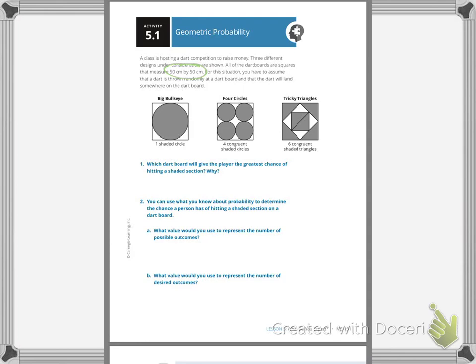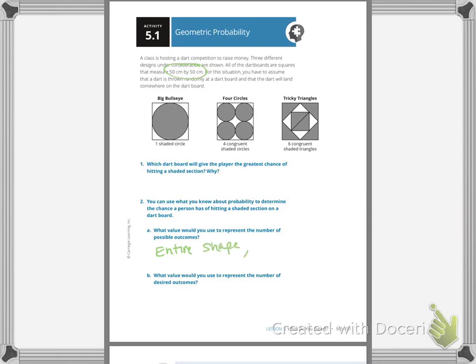Okay, so which dartboard will give the player the greatest chance of hitting a shaded section? So I want you to decide which one you think is going to give me the best probability of hitting this shaded section. It says you can use what you know about probability to determine the chance a person has of hitting a shaded section on a dartboard. What value would you use to represent the number of all possible outcomes? Well, all possible outcomes is just me hitting the board. So my entire shape is all my possible outcomes.